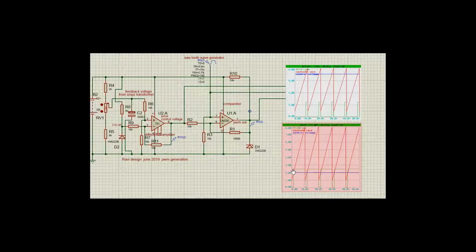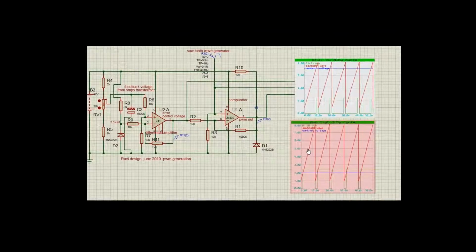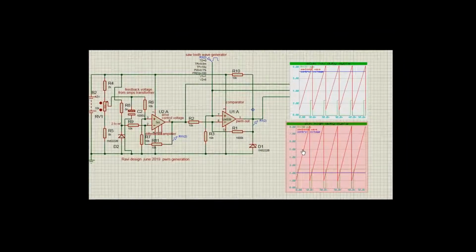So this PWM, which is now fed into the primary of the SMPS power supply, naturally tries to raise the output. This is a natural way, because of the way the circuit is set up, to get the power supply to regulate itself through PWM control. So I hope this has helped somebody.